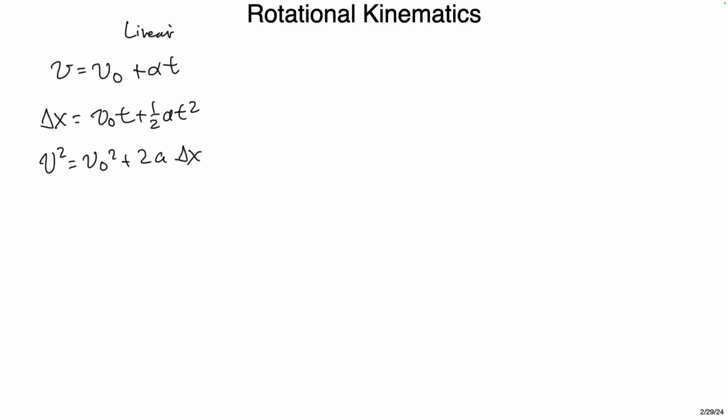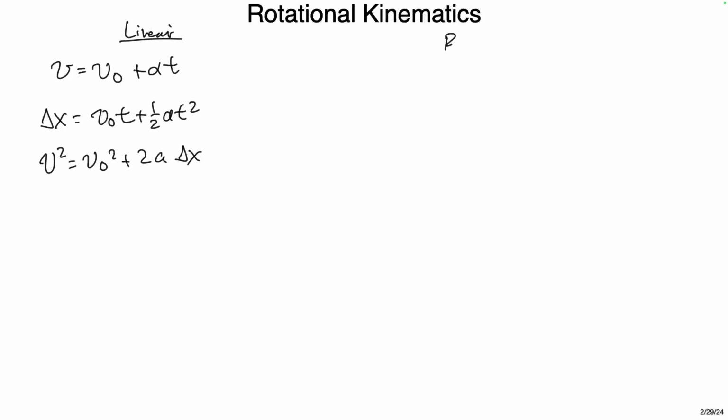These are the linear versions, right? For things that are moving in straight lines. Cars accelerating along a road. Dropping an object. We can even make it a little bit more complicated, throw something in the air, and with our power of vectors, split the x and the y directions into separate, one-dimensional, linear things.